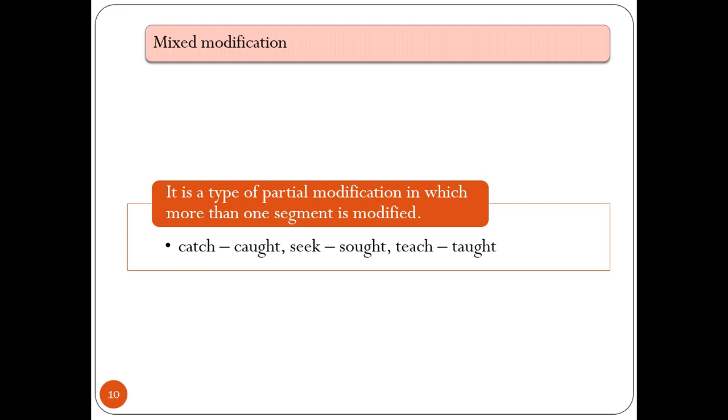Look at the examples: catch and caught, seek and sought, teach and taught. Here it's not just vowel or consonant, it's kind of both vowel and consonant. It's more than one segment, so we've got two segments here. This is mixed modification.